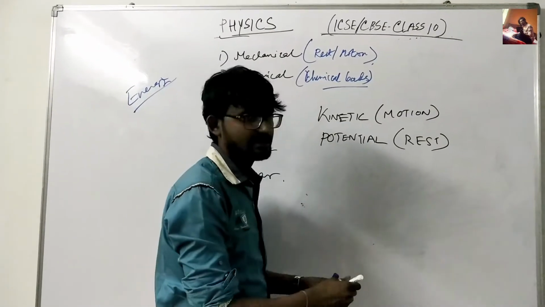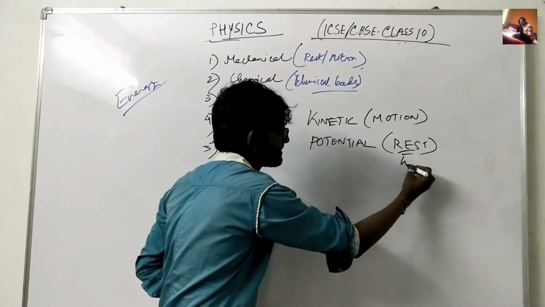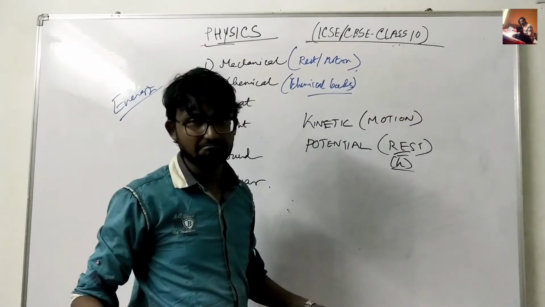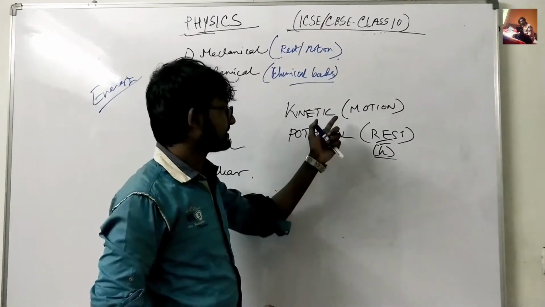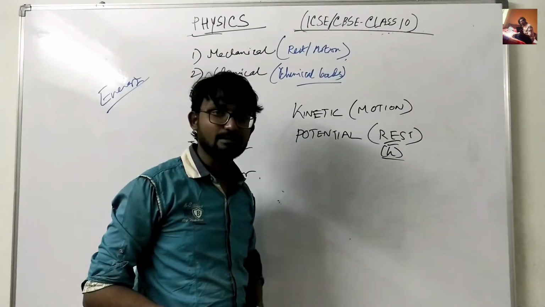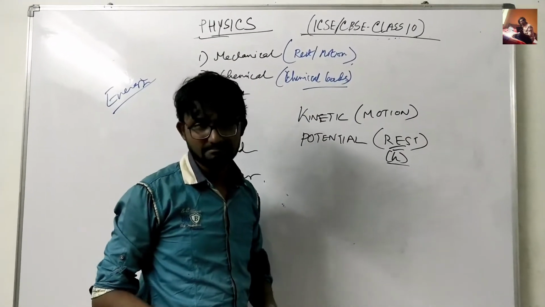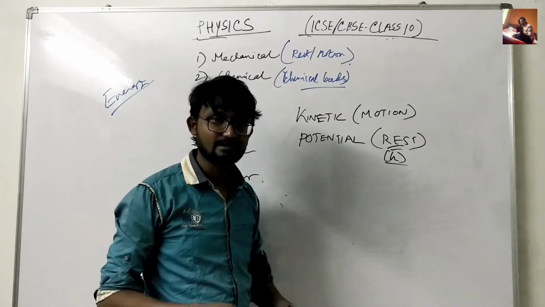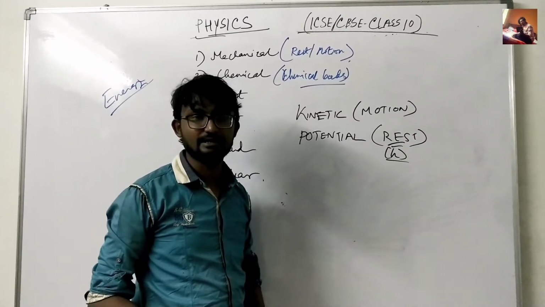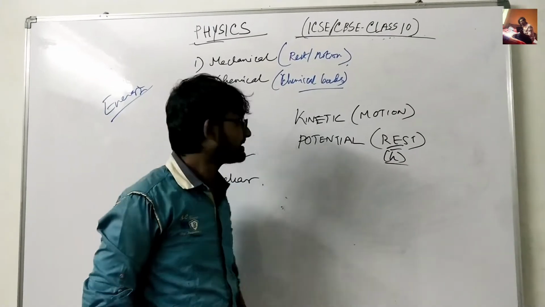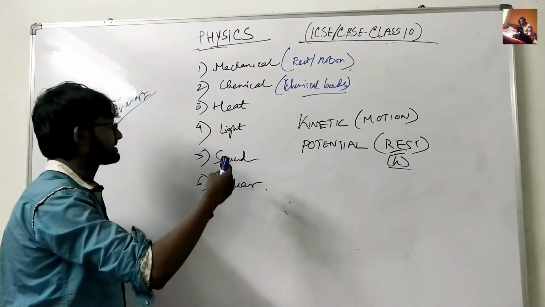So potential energy is when you are at rest, no matter what the height is. You need to calculate kinetic and potential energy much more for your algebraic and arithmetic sums. So these are the parts.